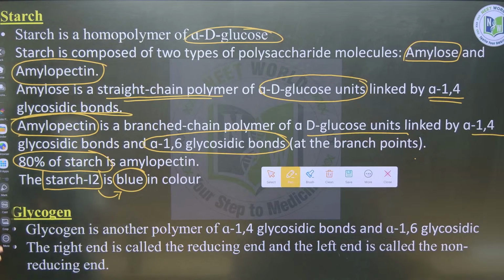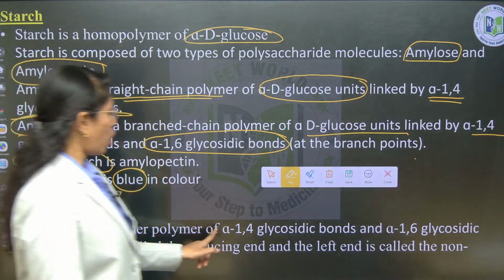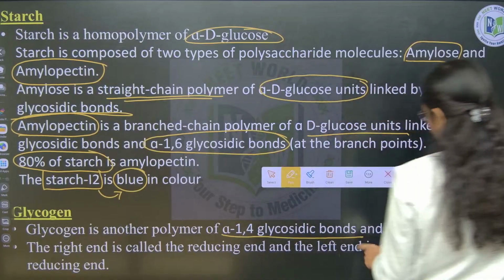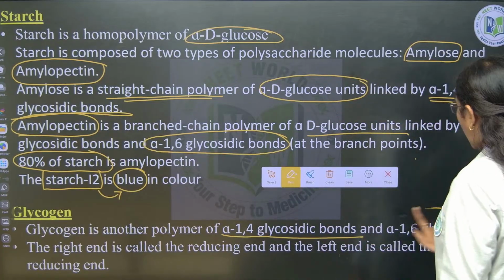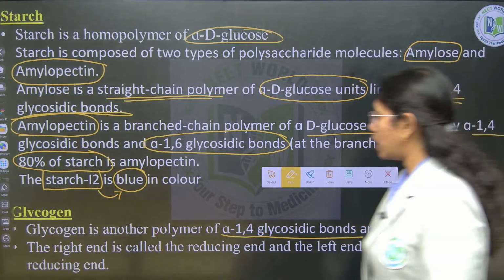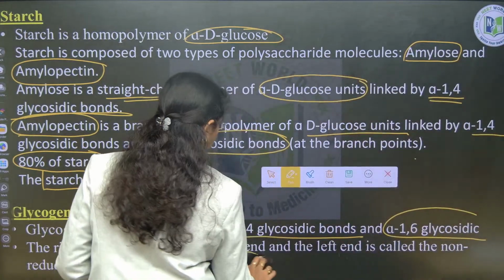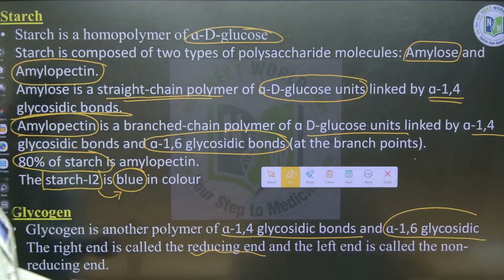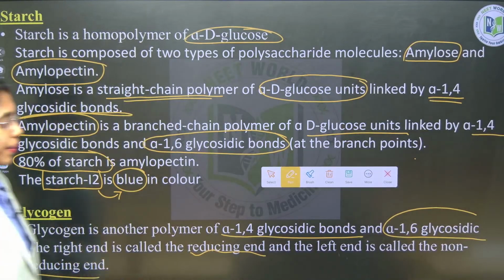Here we go with glycogen. Glycogen is another polymer with alpha 1,4 glycosidic bonds and alpha 1,6 glycosidic bonds. The right end is called the reducing end and the left end is addressed as the non-reducing end.